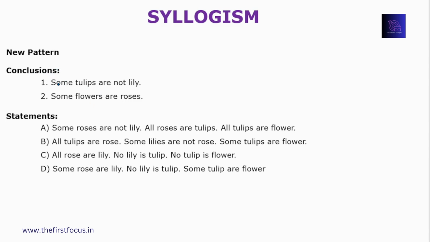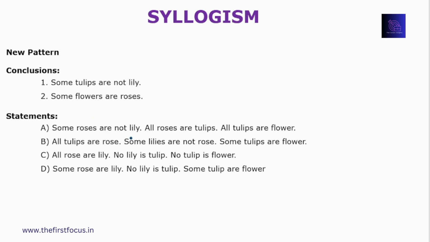What is the conclusion given? Some tulips are not lily. Some flowers are roses. What will be the apt one among the 4 statements which satisfies these conclusions? Here the first conclusion is negative and the second conclusion is positive. So the statement will have both negative and positive statements.